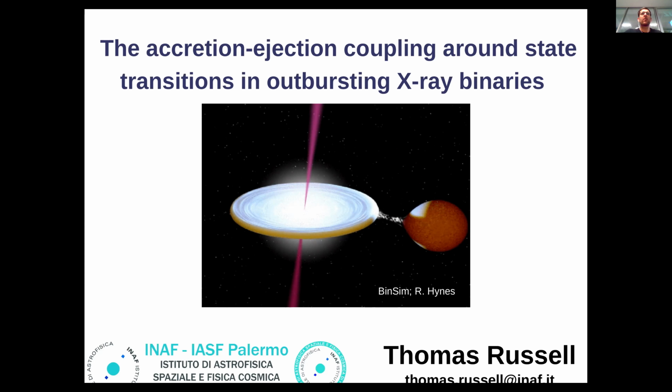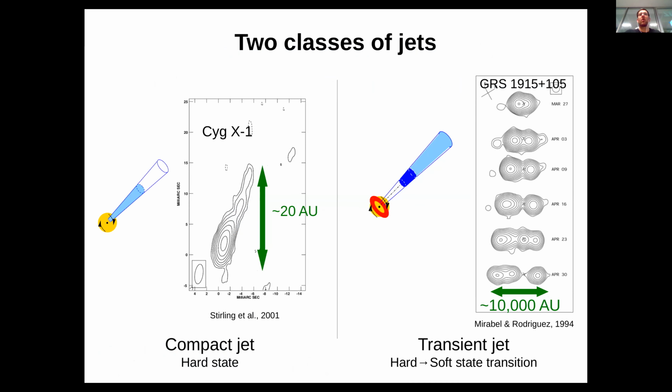Okay, so you're very well versed in X-ray binaries, so no need for a big introduction, but I will briefly introduce a few key points. Broadly speaking, two types of jets are observed from these systems. We see a steady compact jet during the hard state, over here on the left, and a transient jet on the right here that's launched around the transition from the hard to soft state.